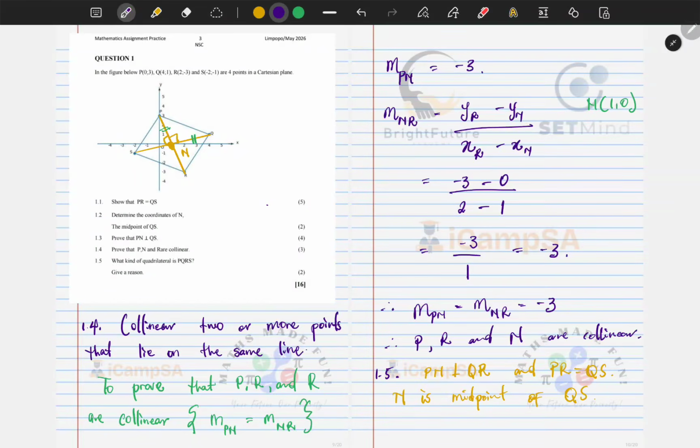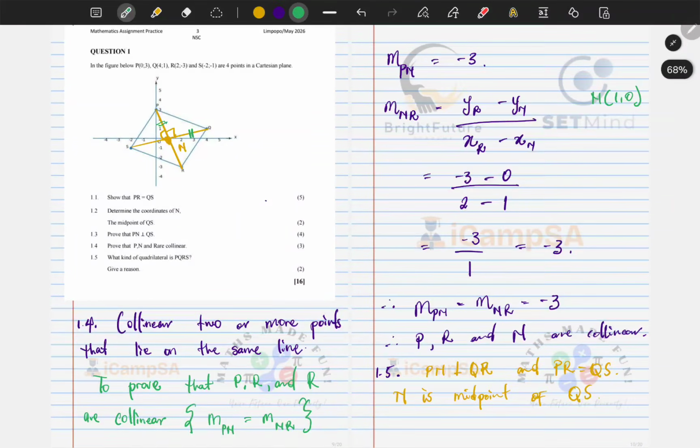So that would mean that these two diagonals, your PR and QS, bisect at 90 degrees, and therefore this will be a kite, right?